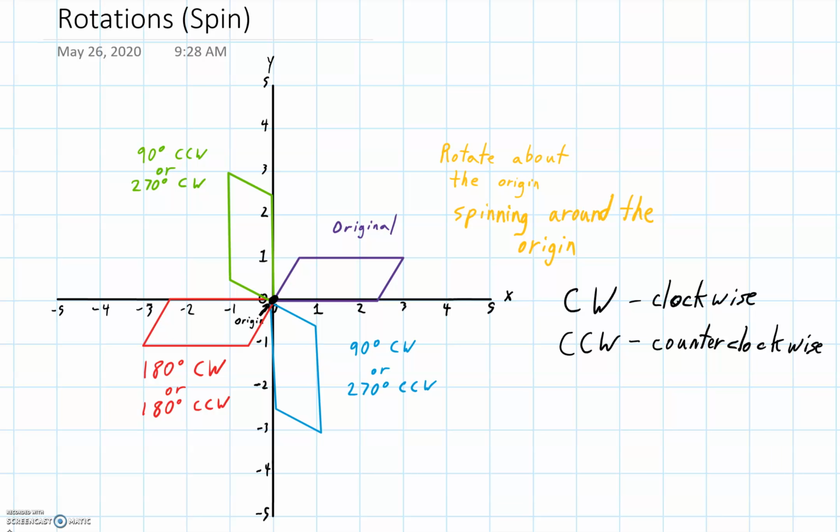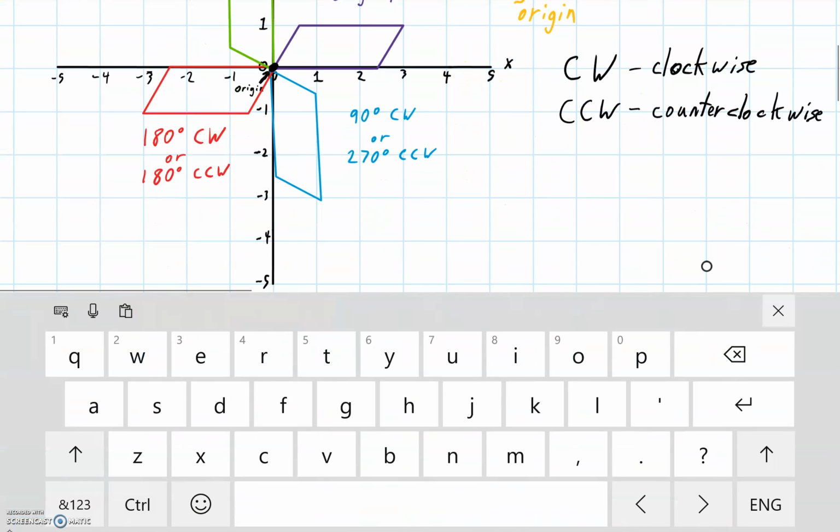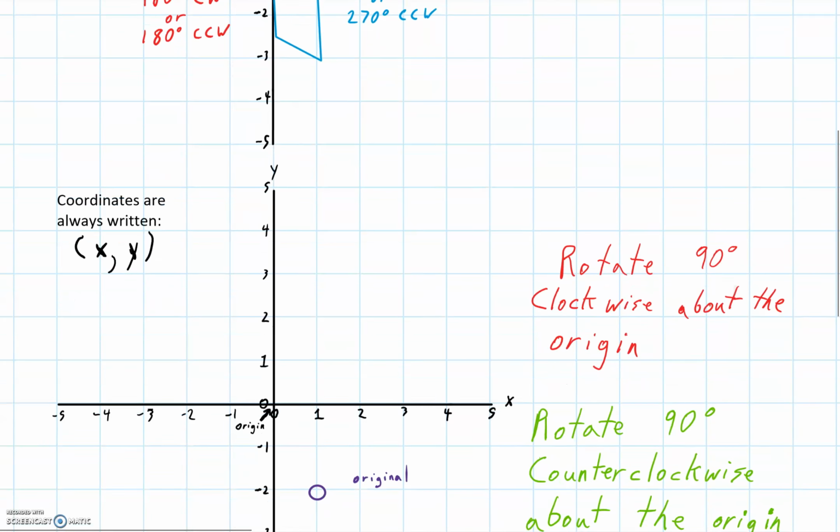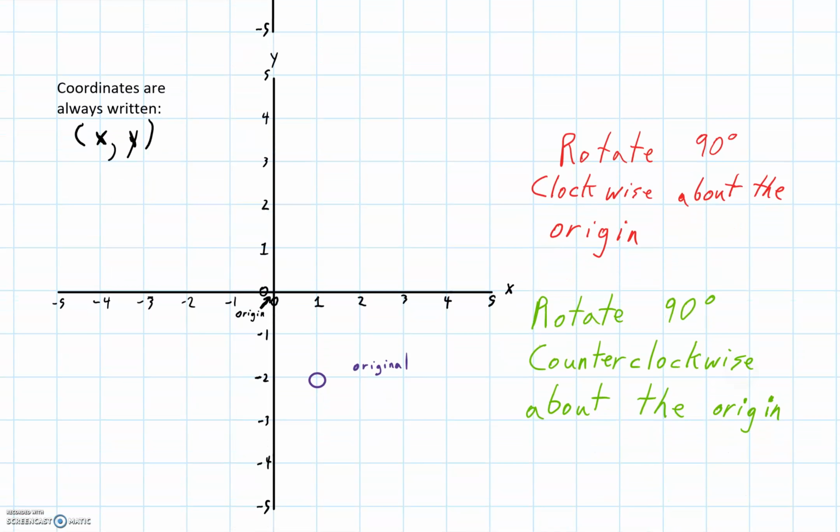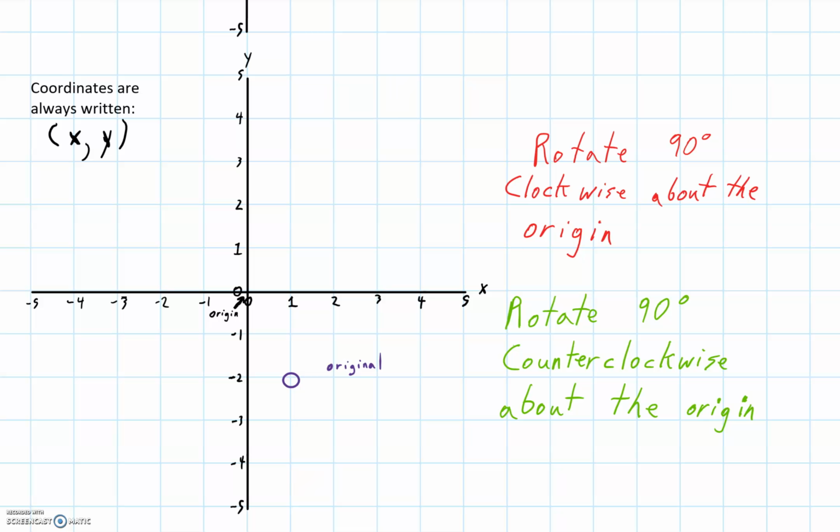Alright, so that's just talking about it in terms of shapes, but most people's question is always, well, what do I do in the question? Okay, well, that's fine. Here are 2 questions for you. We have one single point, this circle point, which is in purple and is called the original point. We are going to make a red image that is rotated 90 degrees clockwise about the origin.